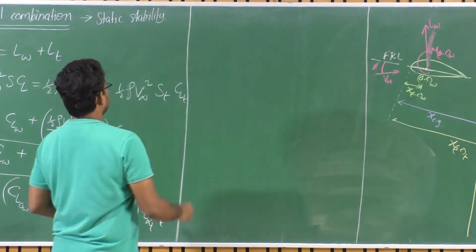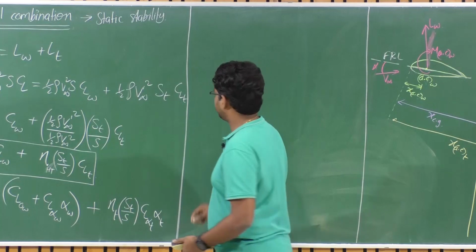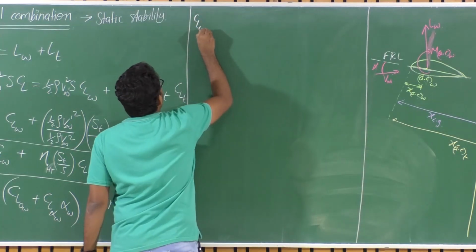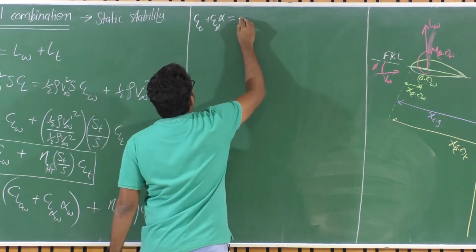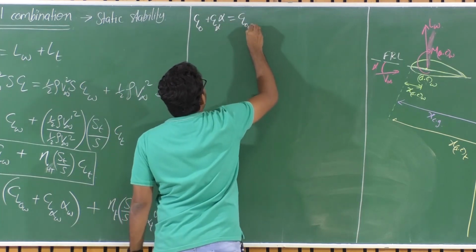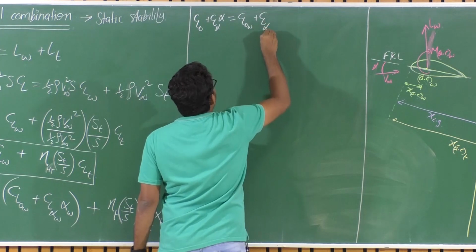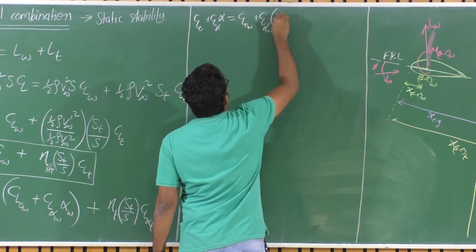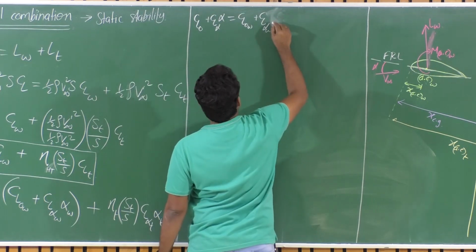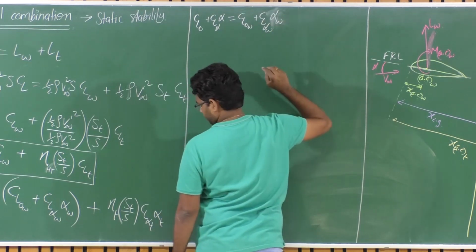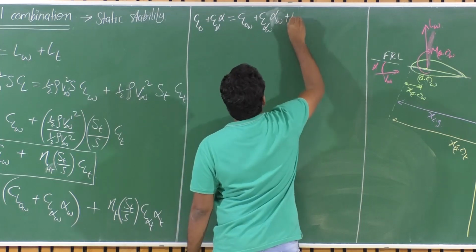So by comparing, what is alpha of t? So this is CL naught plus CL alpha into alpha of the entire aircraft, which is equal to CL naught of wing plus CL alpha of wing multiplied by alpha of wing, plus eta.